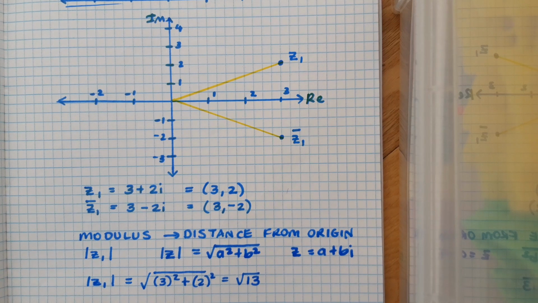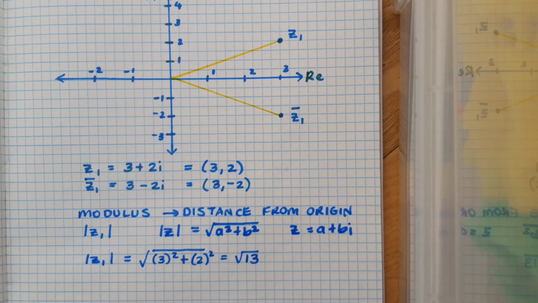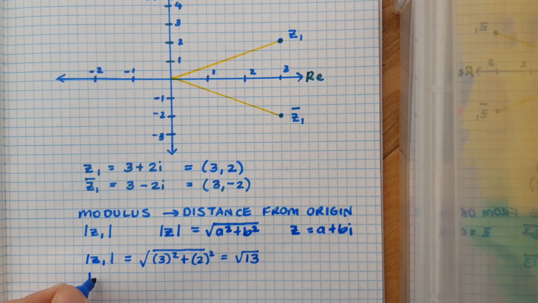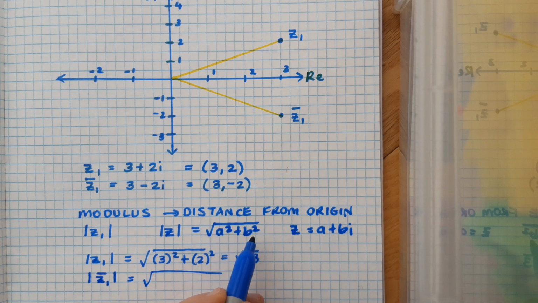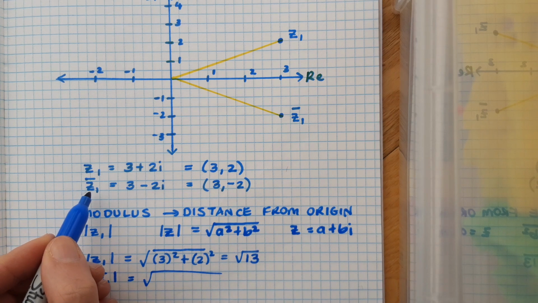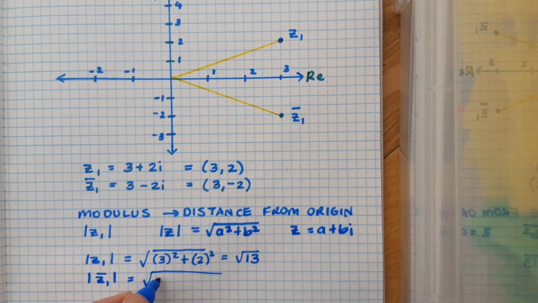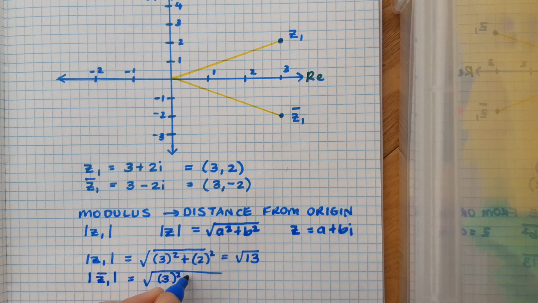Now I can see visually that z1 conjugate is actually the same distance out. So I would expect that when I find its modulus, it'll be the same value. So let's see how that works out. So the modulus of z1 conjugate is just going to be, okay, my formula is the square root of a squared plus b squared. In the case of z1 conjugate, a is 3 and b is minus 2.